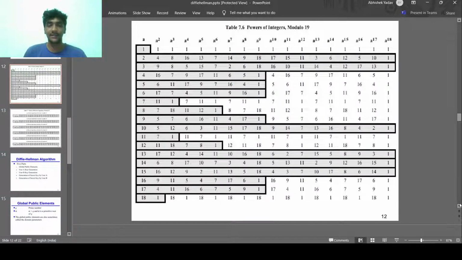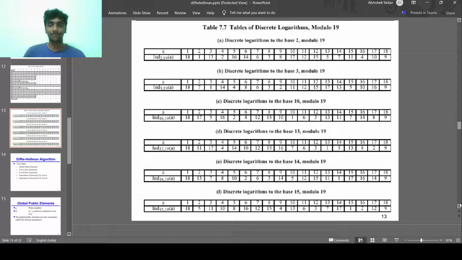So this is the power of integers modulo 19, and I've taken 18 values of a, and this is the power of a, like a square, a cube, a to the power 4, and after the results of the exponents, we calculate the modulo of 19.